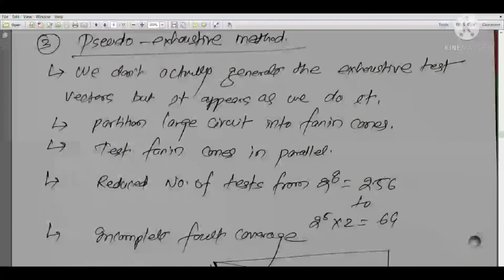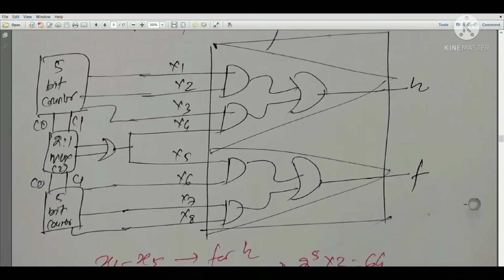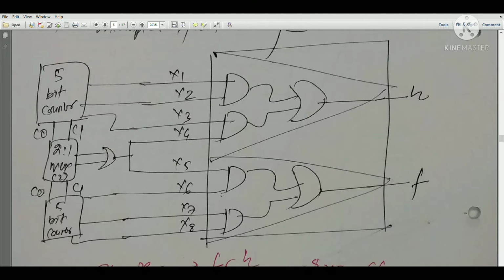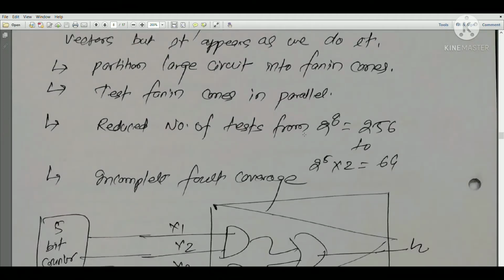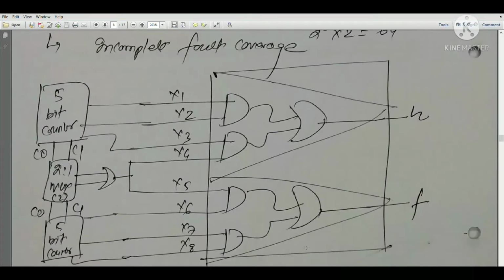Now compare it. The inputs are 8: x1 x2 x3 x4 x5 x6 x7 x8. If you go by the exhaustive design, or the scan path design that we discussed in the previous lecture, the number of test patterns would be 2 to the power 8 equals 256. Here, by dividing the larger circuit into two parts, the first cone and the second cone, we see the effect of only 5 inputs at a single instant.